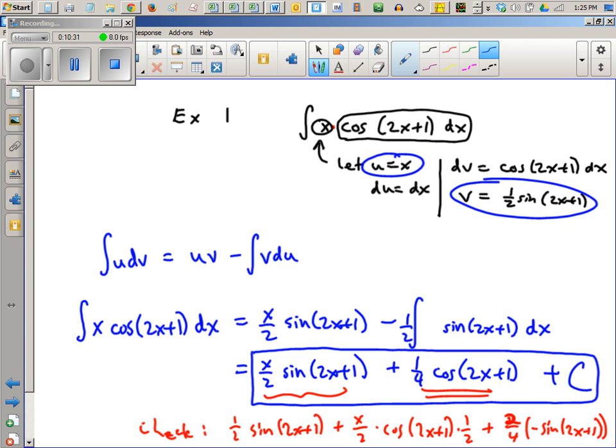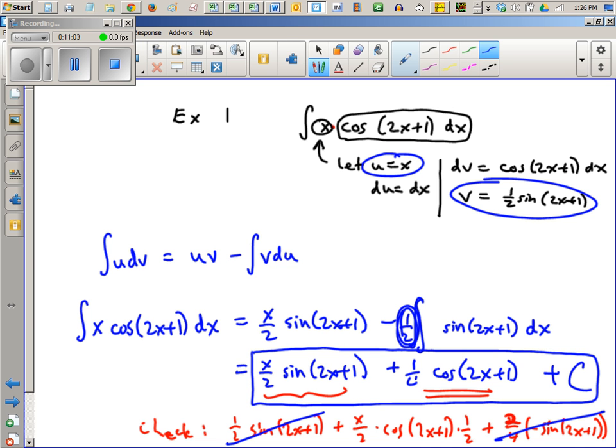And you'll notice that this completely cancels out with this. Something's not quite right. Oh, Mr. Shore made a mistake right here. This is why we check our work, right? There was a 1/2 here in front of my second integral, and the antiderivative of sine 2x plus 1 is 1/2.